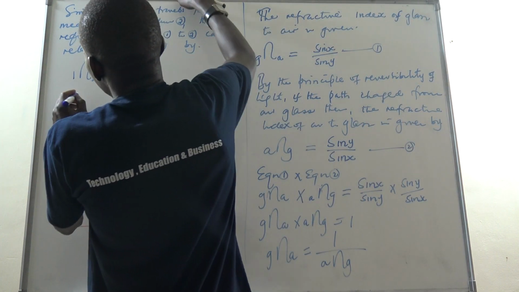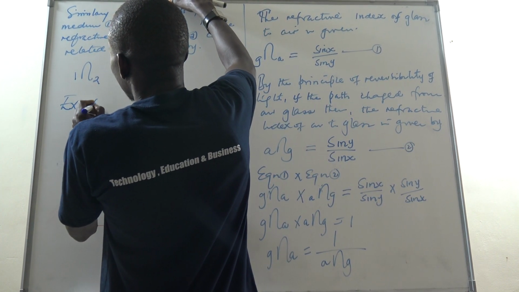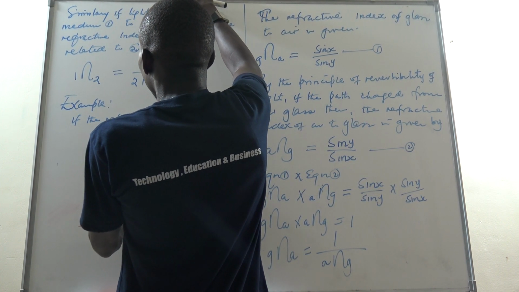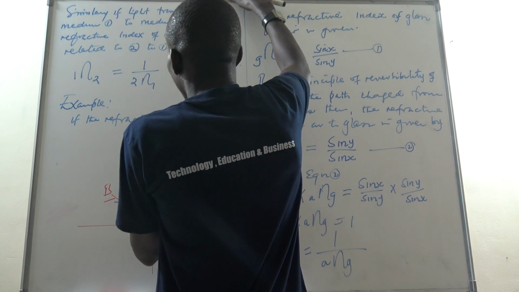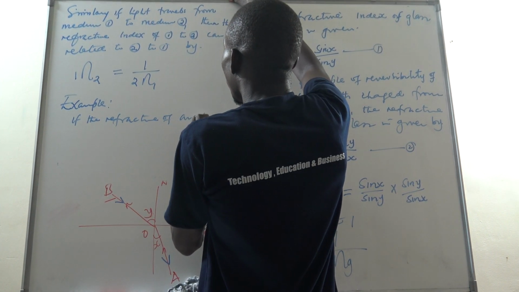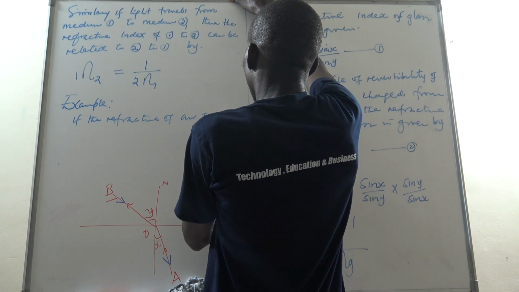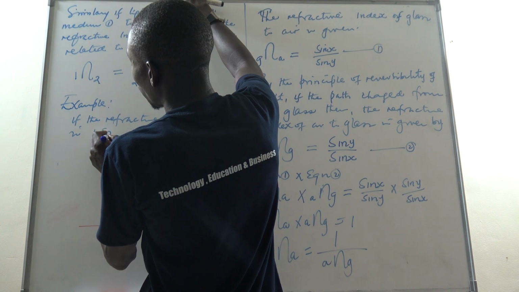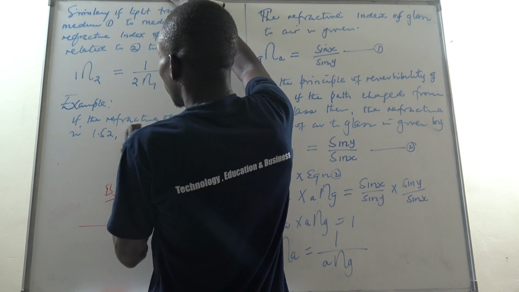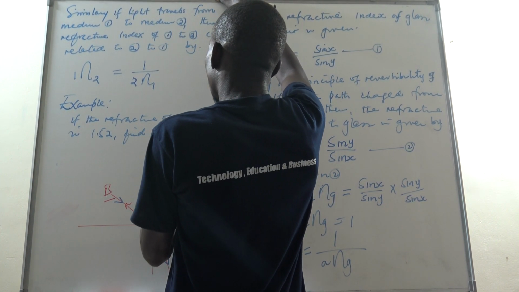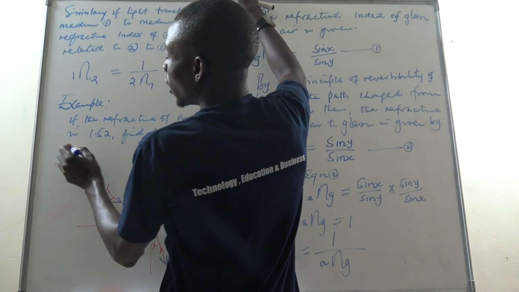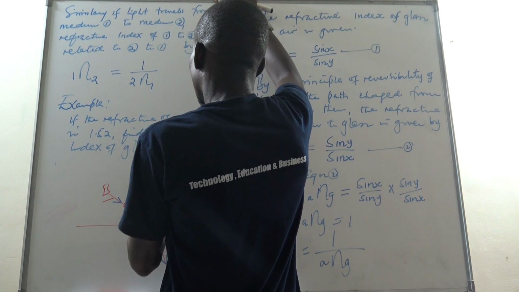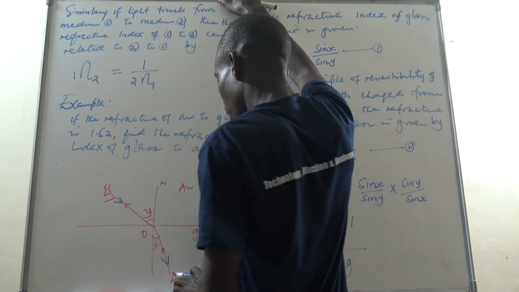So, an example here is that if the refractive index of air to glass is maybe 1.52, find the refractive index of glass to air.